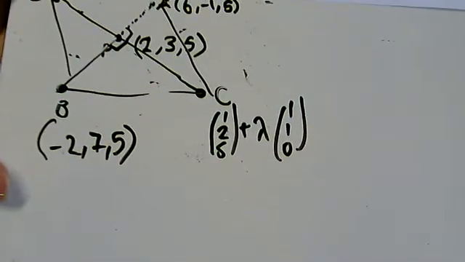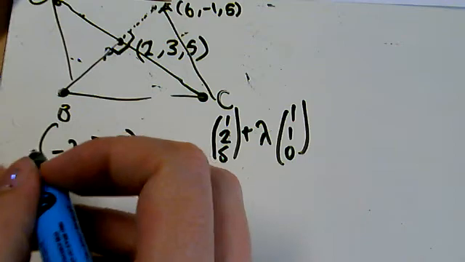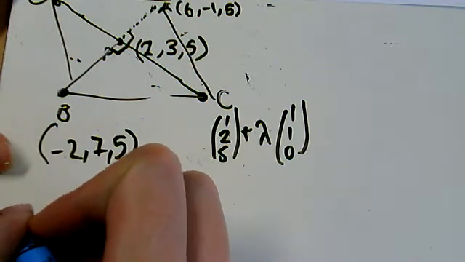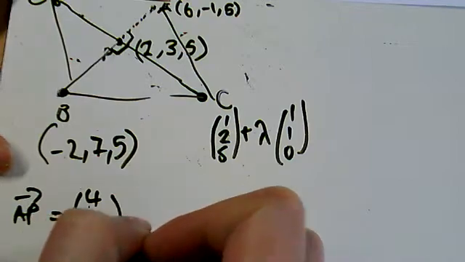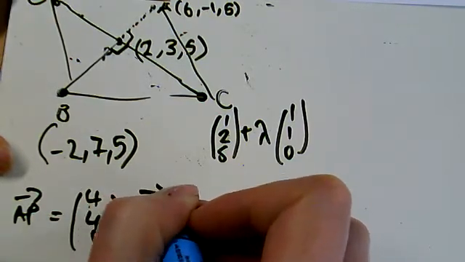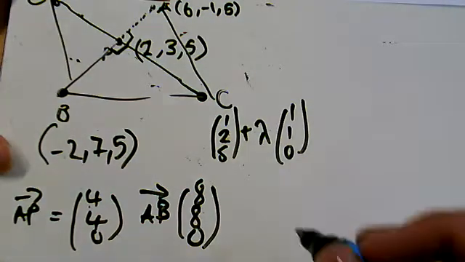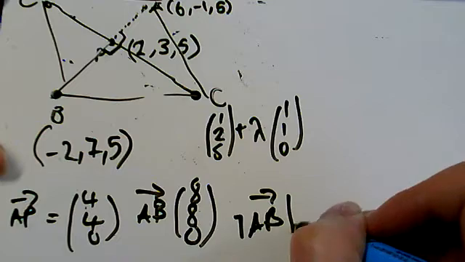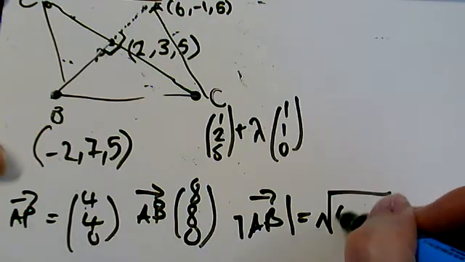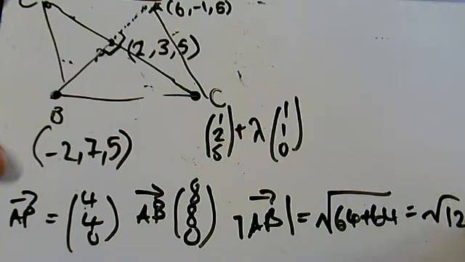So first of all, distance from A to B then. So we knew to get from A to P was the vector 4, 4, 0. So A to B was double that, which was 8, 8, 0. Working out the length of that line, just using Pythagoras, root 64 plus 64, which is root 128.